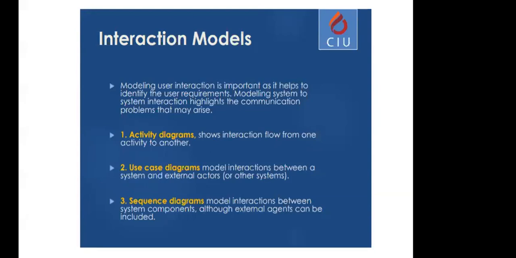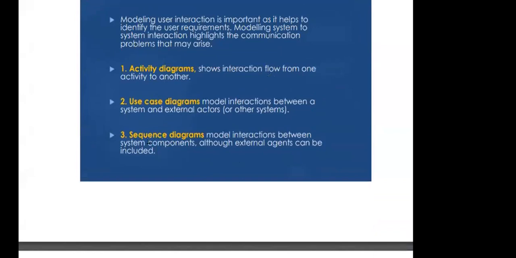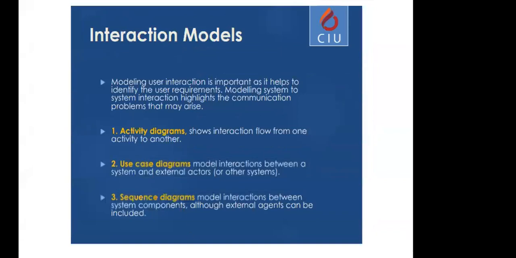You can even display data handling and the places the data is stored, as well as exception handling. So many of the details that you did not show in the use case are actually displayed in the sequence diagram. They usually both go together. So basically you start building up the system using a use case, then you develop the sequence.